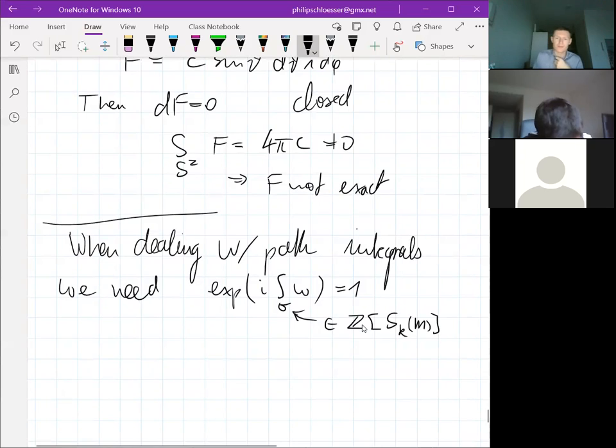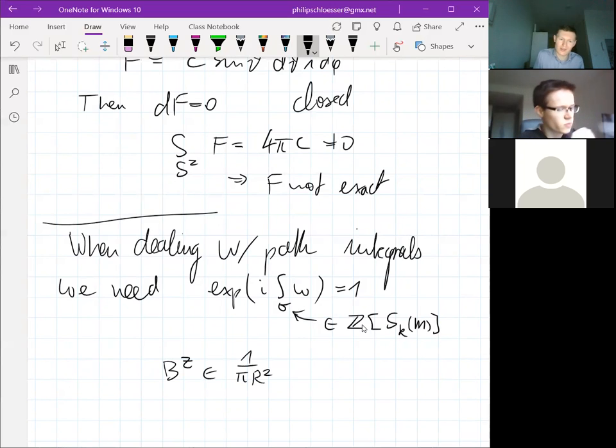Yeah. Basically, this is like quantization, right? Yes, quantization. This is what gives us a charge quantization. In the case of the Aharonov-Bohm effect, it says that our magnetic field is somehow quantized, so it can only take discrete values.